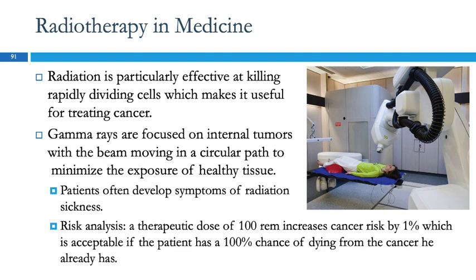So what they do is they take the gamma rays and they shoot them at you from many, many different angles. So they're always hitting the tumor but the healthy tissue only gets a little dose of the radiation. And so then you can kill a tumor, like a brain tumor.